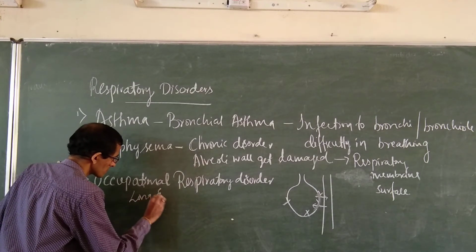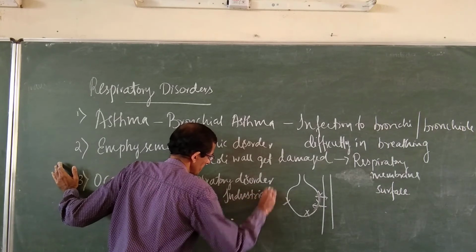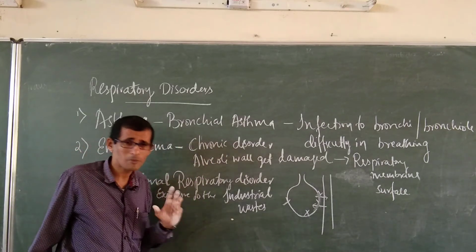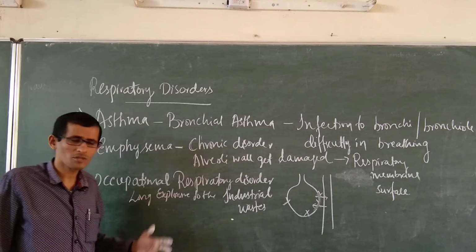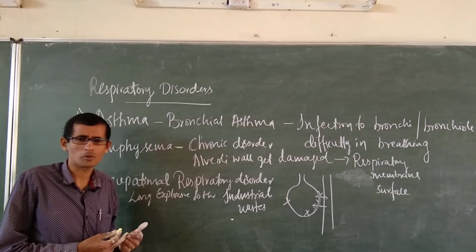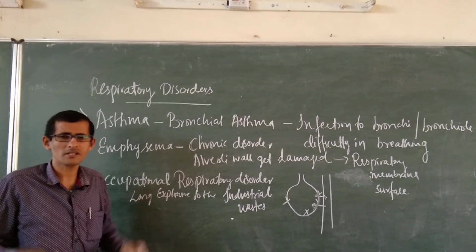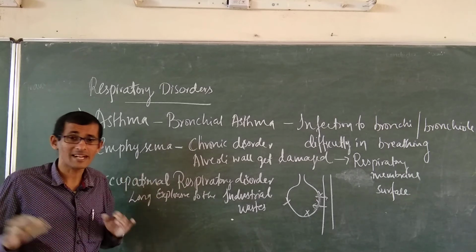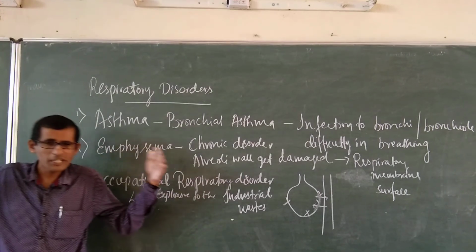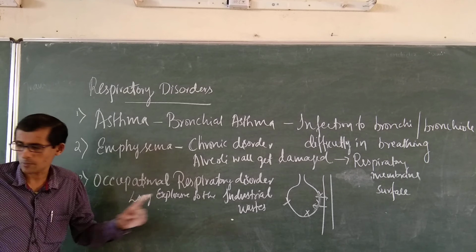If a person's respiratory system is exposed to industrial waste, there may be fumes, dust, or silica content in the mining industry. It may be the plastic industry, mining industry, or metal industries. Heavy industries will have some kind of unwanted, very dangerous, poisonous gaseous items. So continuous exposure of the lungs of the person working in that area to industrial wastes results in occupational respiratory disorder.